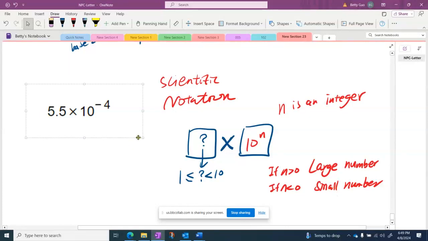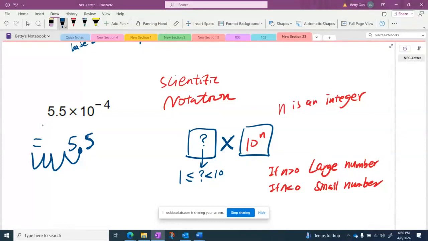Let's see, how do we know what number that is? What number is the scientific notation representing? Now we know it represents a small number, right? So we are going to move the decimal point in the first part, 5.5. It was right here. We are going to move this decimal point to the left 4 times. 1, 2, 3, 4. If we don't have anything, we just put a 0 to hold the place.